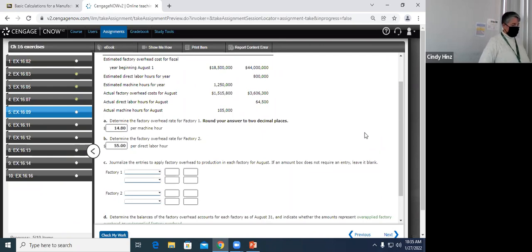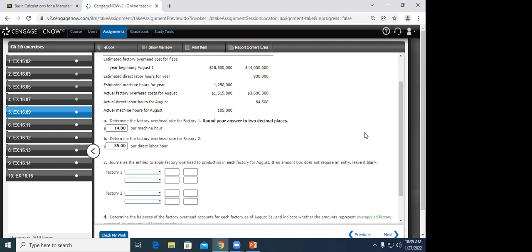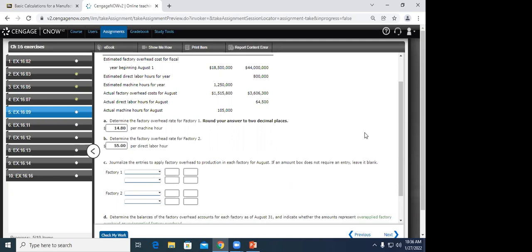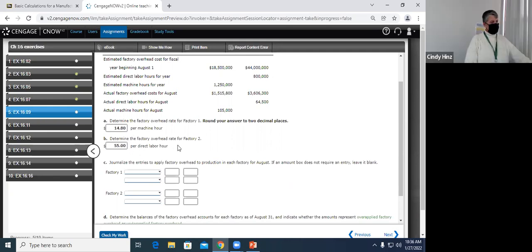Any questions about those? You have a question? Missed how we calculated that. Which one? A or B or both?